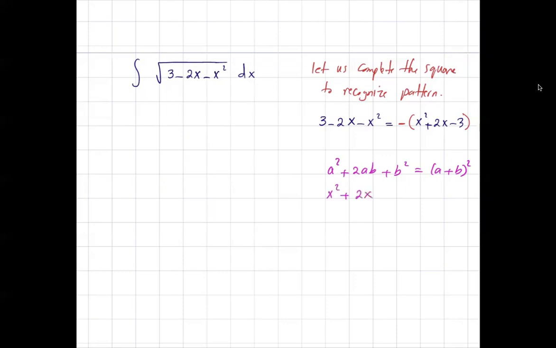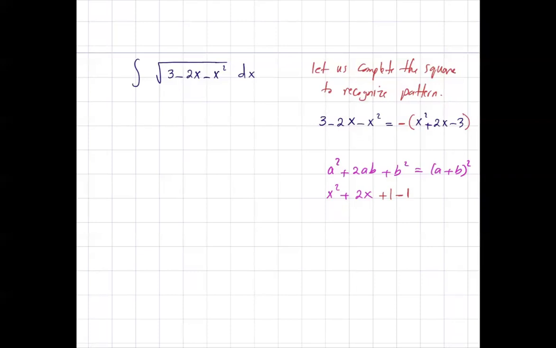If there was a 1 here, you could write this part as x plus 1 to the second power, but there is no 1, so we cannot just write 1. We have to add and subtract 1 at the same time to balance this, otherwise our work is wrong.